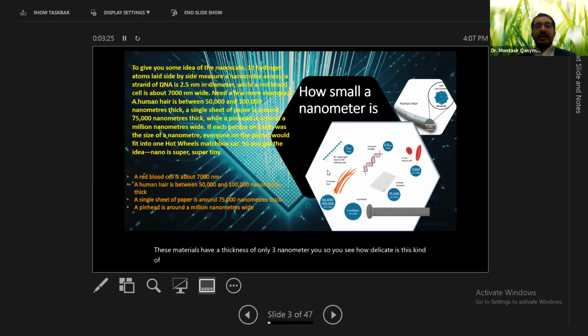But the importance here is that these materials, based on nano-dimensional devices, nano-dimensional synthesis, I should say, with such a small dimension, show very significant functionalities that are unprecedented. It wasn't possible before getting into such a thing. As we said, even a red blood cell is thousands of nanometers.